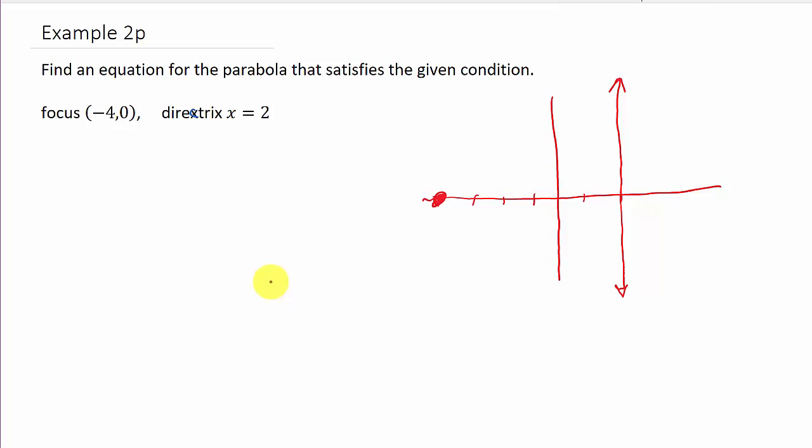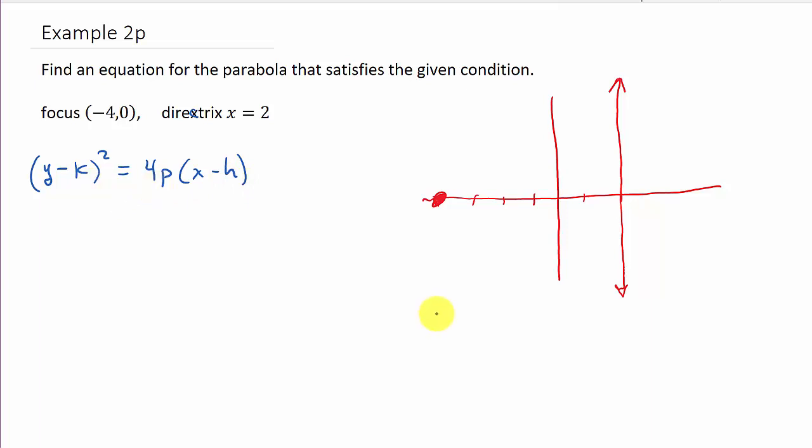And what do we need? We need to find p, and we need to figure out the vertex. So we know it opens to the left, so we've got y minus k squared equals 4p times x minus h. So there's our equation. We need h, k, and p.